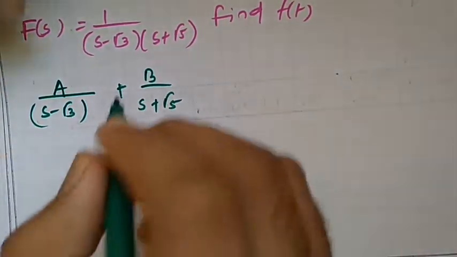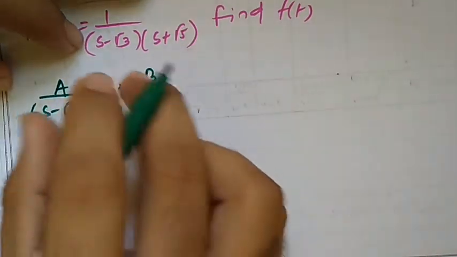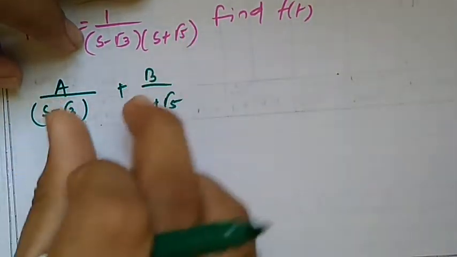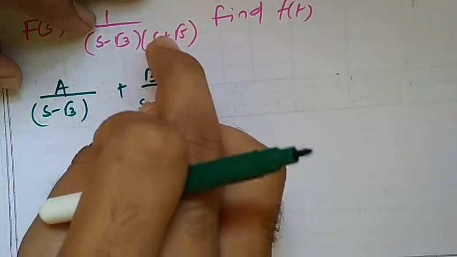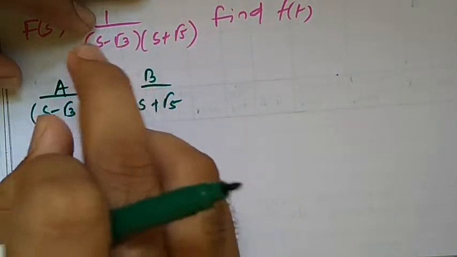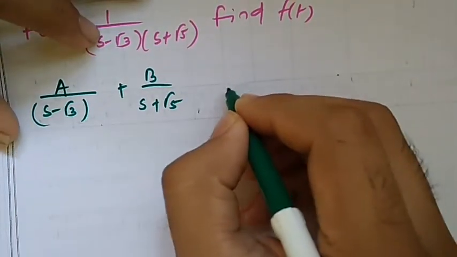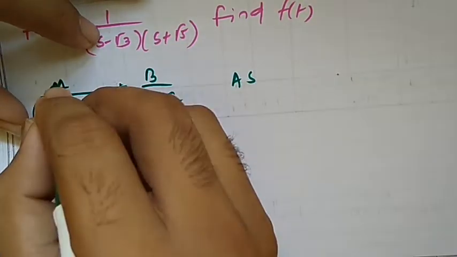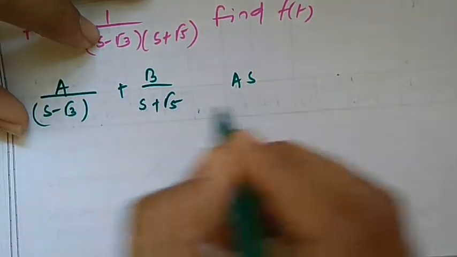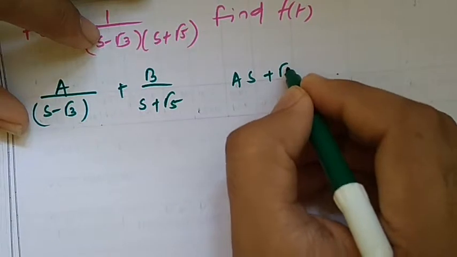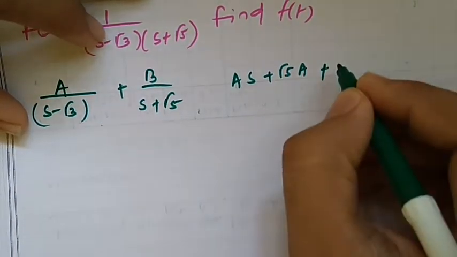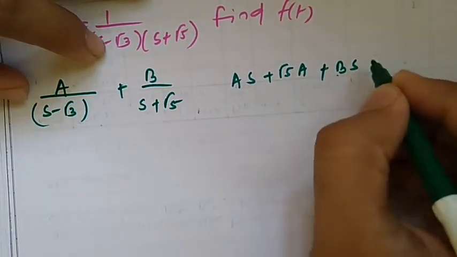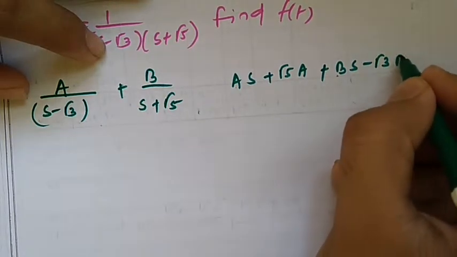By adding them, the denominator will be (s minus root 3) into (s plus root 3), and in the upper side this will be A(s plus root 3) plus B(s minus root 3).